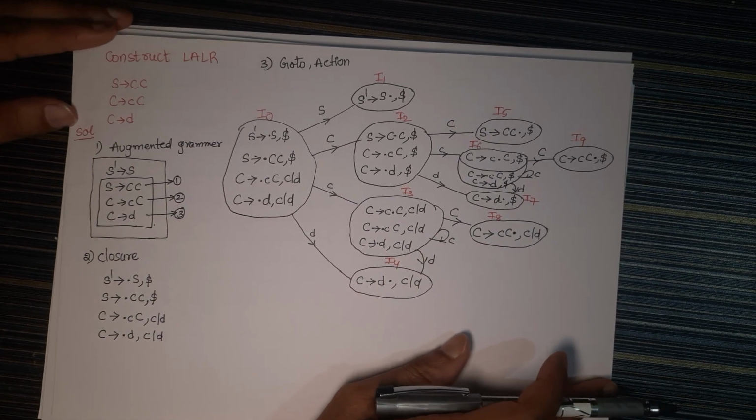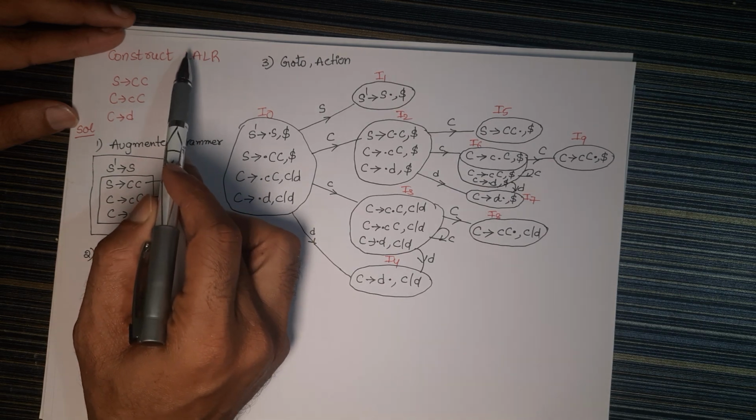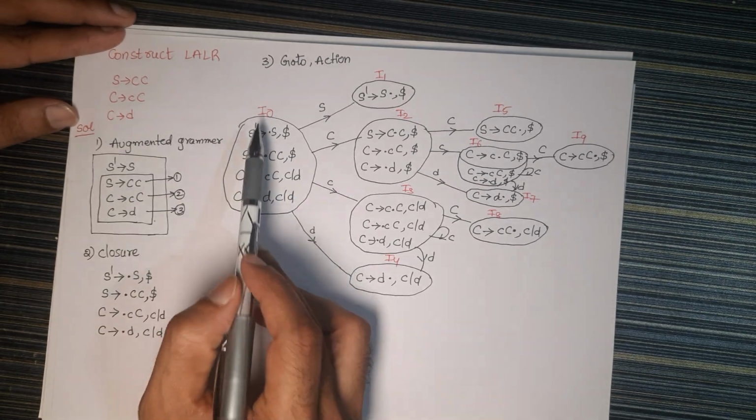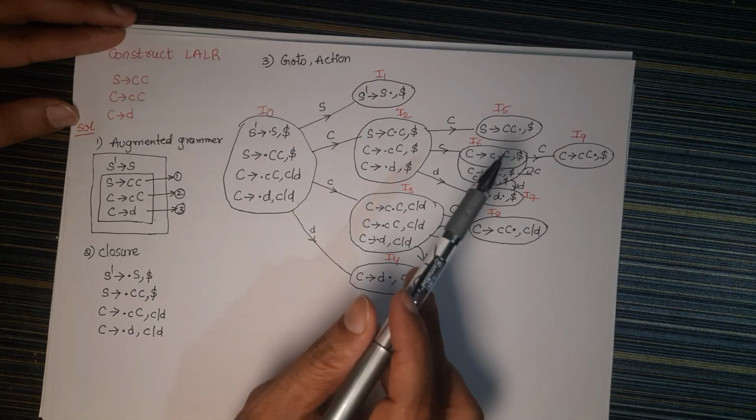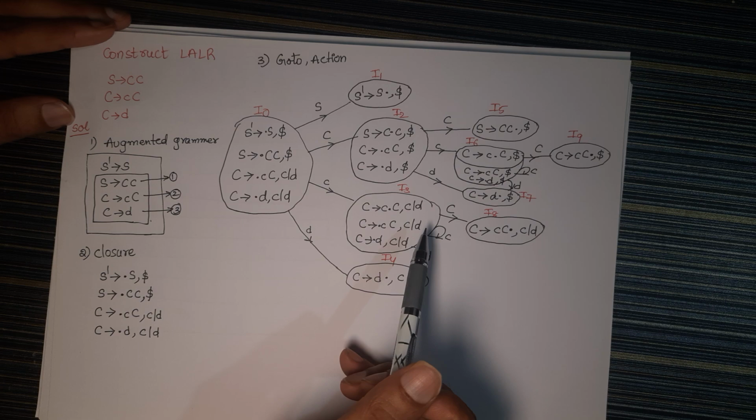So now what do we have to do in LALR? In LALR, we have the productions I naught, I1, I2, and so on up to I9.